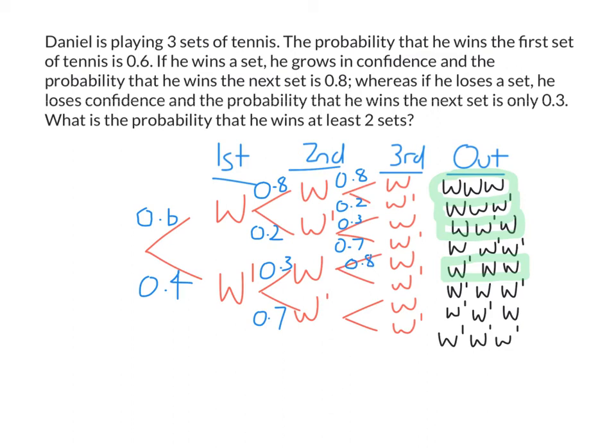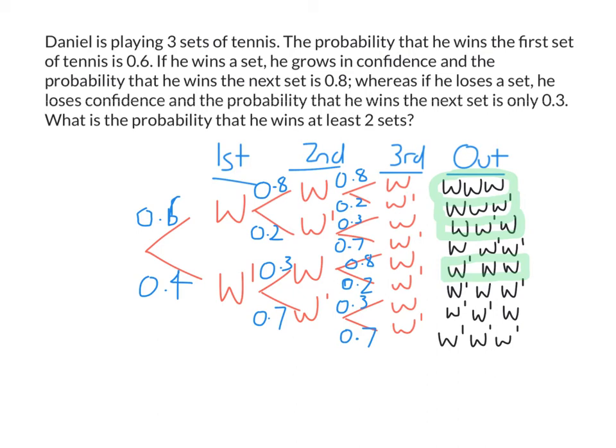And the probability that he loses that will be 0.2. Here he's lost the second set, so the probability he wins the next game is only 0.3, and probability he loses is 0.7. That's sort of the hard part here. That's what makes this tricky, that the probabilities are always changing. They're not changing in a predictable way like when it was with or without replacement.